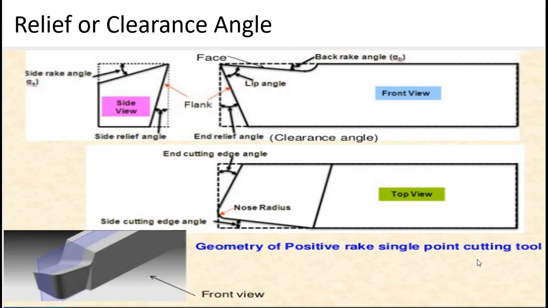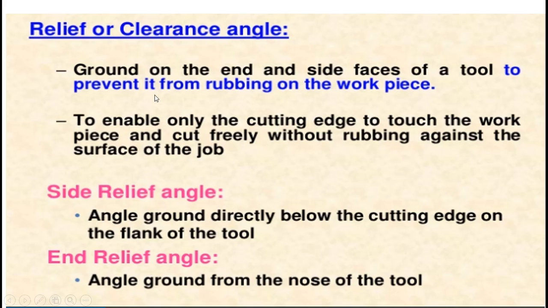Next, we have the relief or clearance angle. Relief or clearance angles are observed in the front view and side view. They are ground on the end and the side face of a tool to prevent it from rubbing the workpiece.